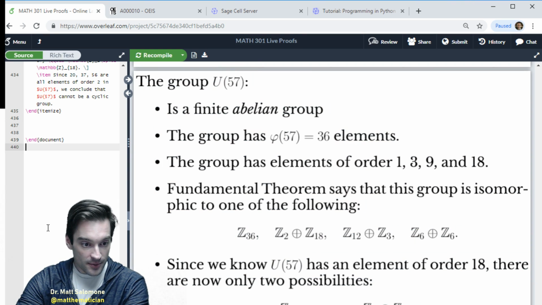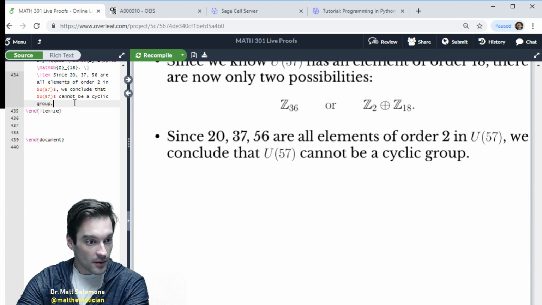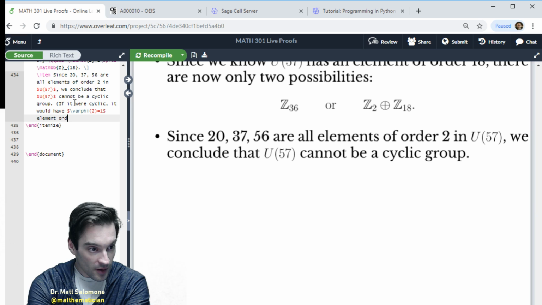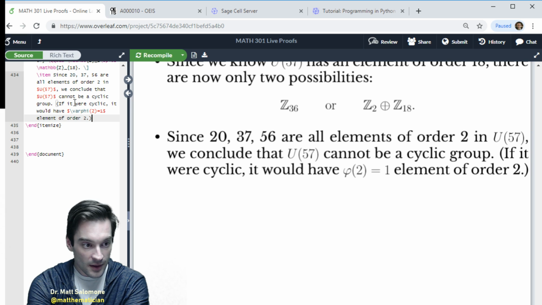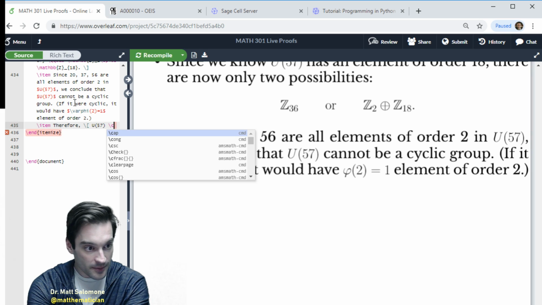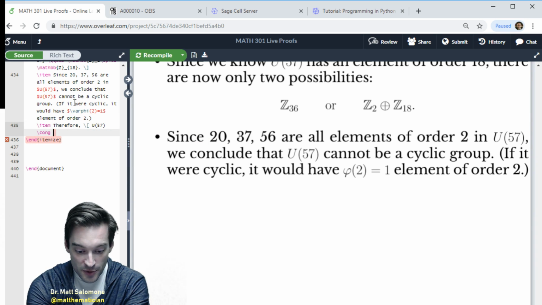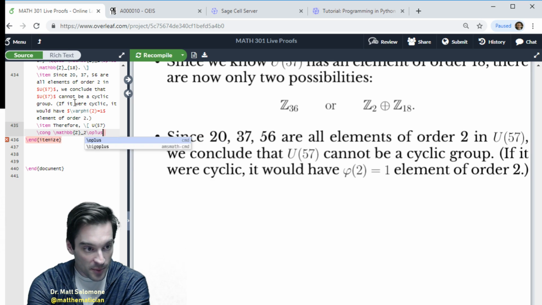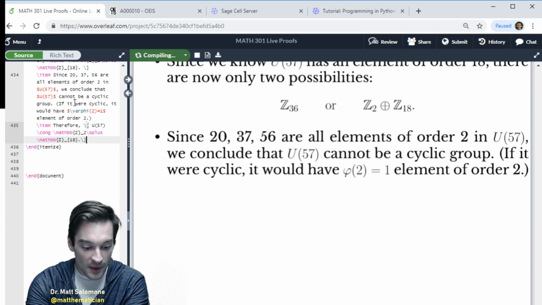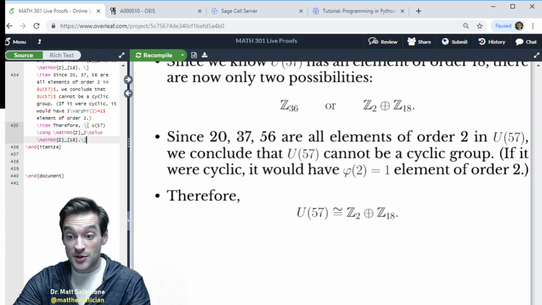But that wasn't the case, right? And therefore, we have identified the algebraic structure of U57. It is isomorphic to Z2 direct product Z18. There it is. That's the end of our little detective mission here, right?